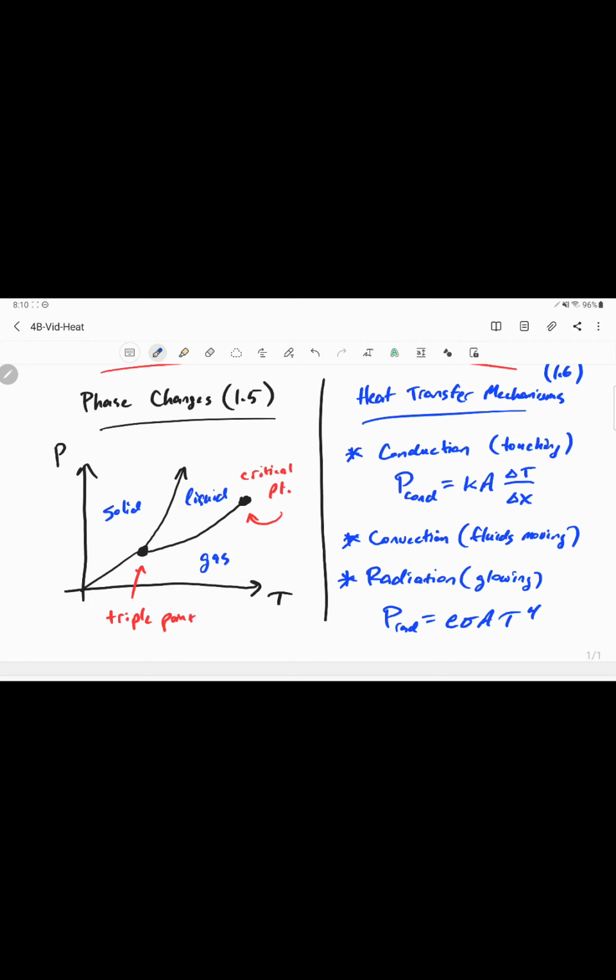Another thing is the existence of a critical point. If you heat a liquid up, you'll definitely notice that you have to pump a lot of energy in to boil right there. As you heat an object up, you'll notice where this phase transition happens. But at a certain point, there ceases to be a strict distinction between a liquid and a gas.